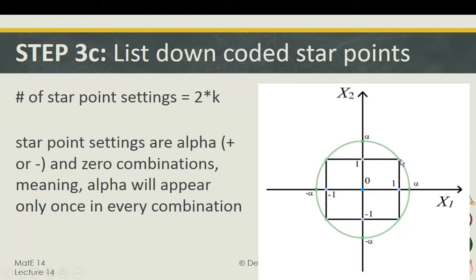Here we have plus 1, meaning both factors are set to high setting, while this point is minus 1, where both factors are set to low setting. And here we have x1 is plus 1, or high setting, while x2 is at low setting.